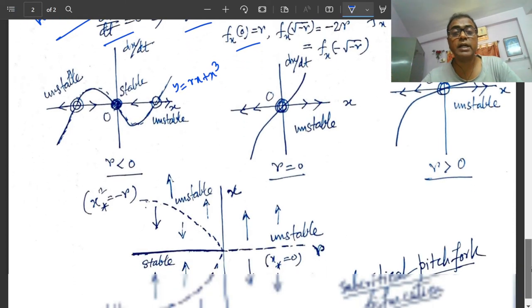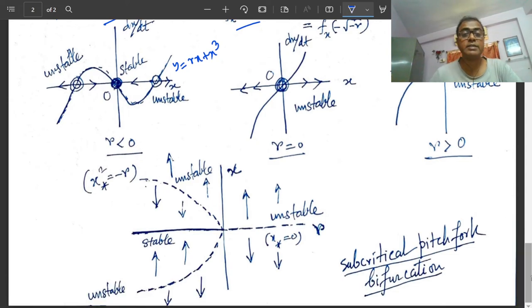The bifurcation diagram is this: horizontal axis is the r axis, vertical axis is the x axis. For a particular negative value of r, we get three equilibrium points.